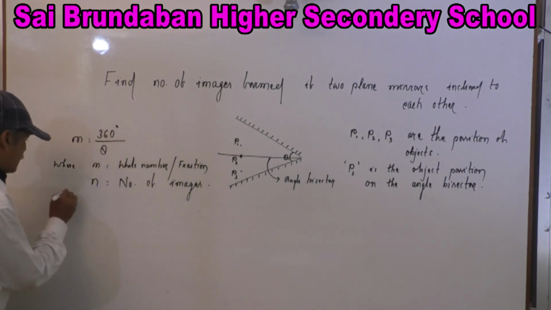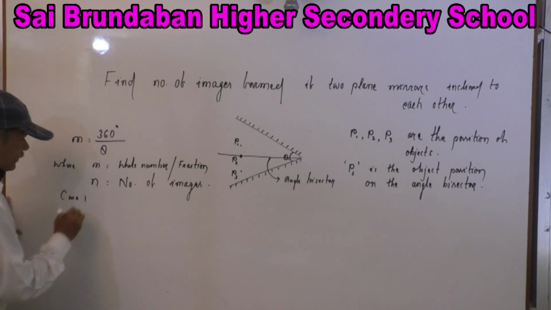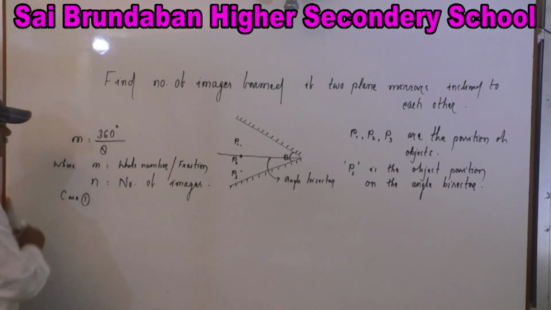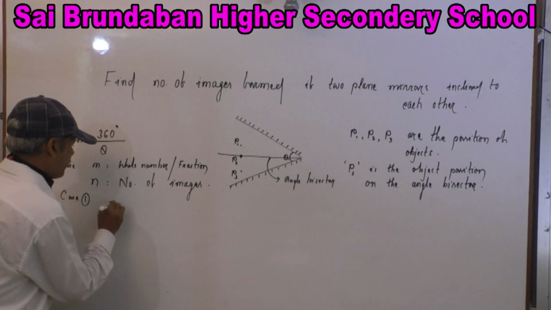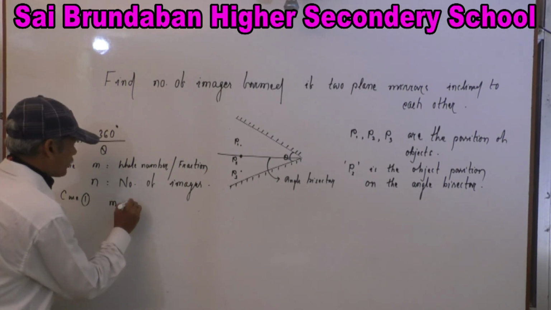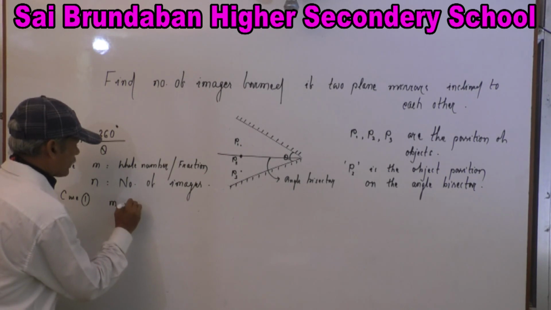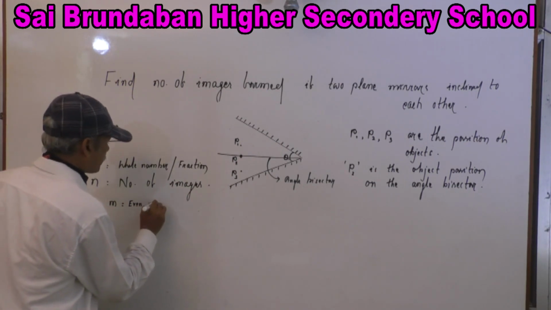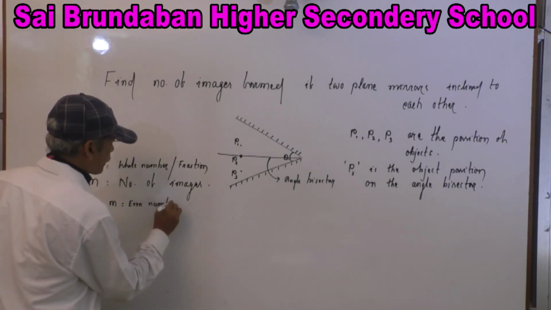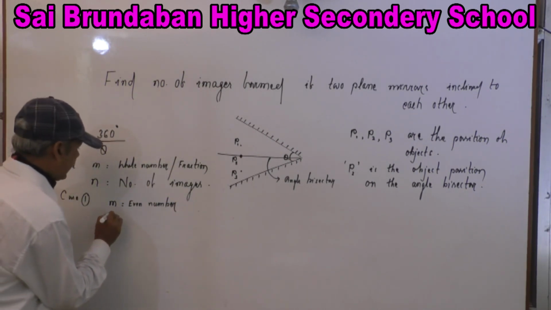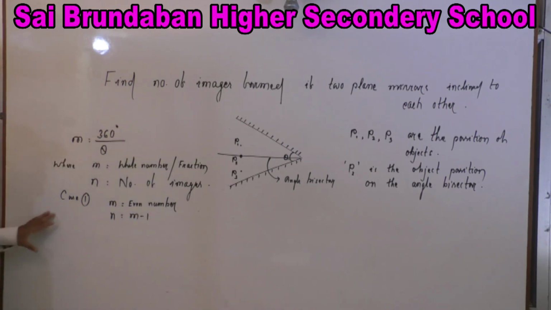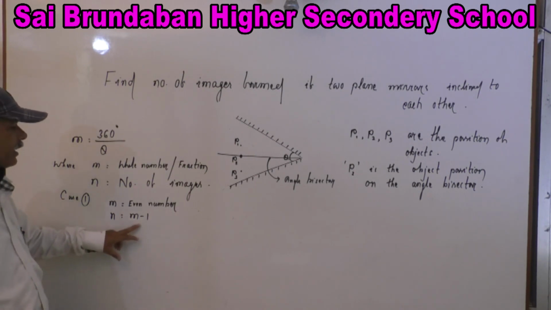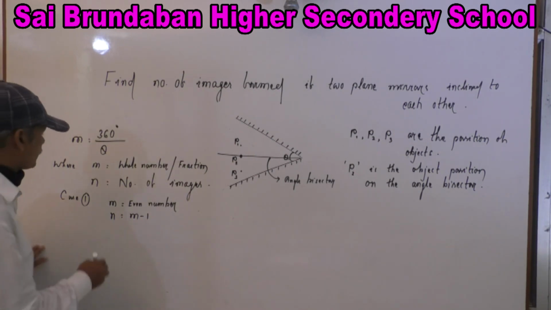Now, case 1. M is an even number. N is equal to M minus 1. This is case 1: the number of images will be M minus 1. Case 2.